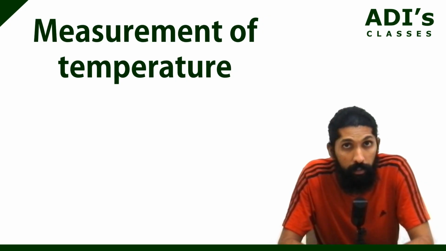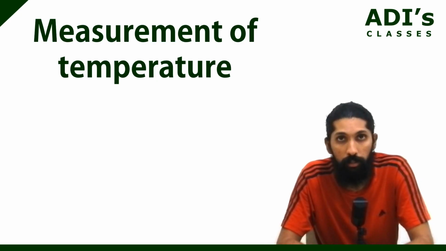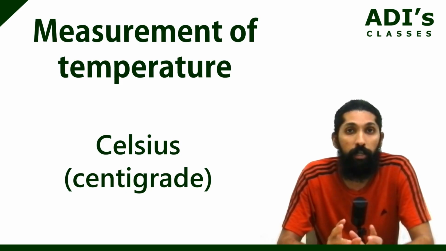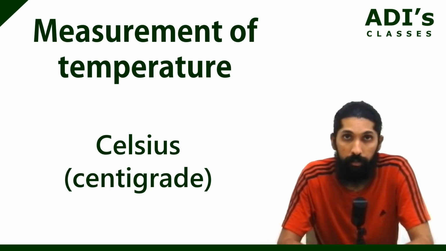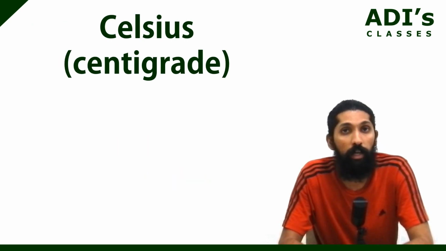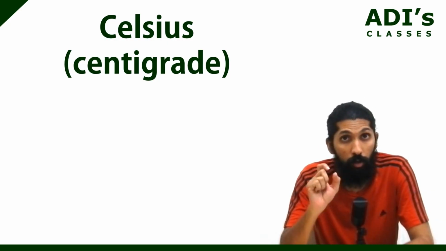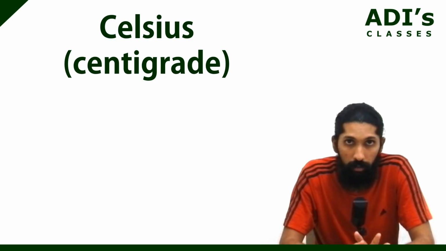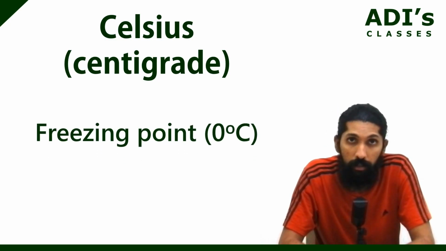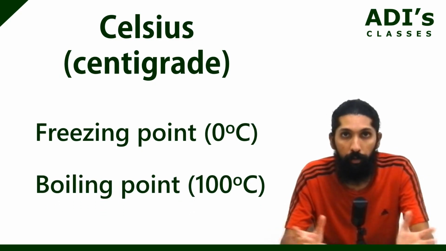The most commonly used all over the world, the first unit, is degree Celsius, or centigrade system of temperature. In Celsius, every measurement of temperature is based on water. We take water, at what temperature it freezes and at what temperature it boils. So these are like standard points.